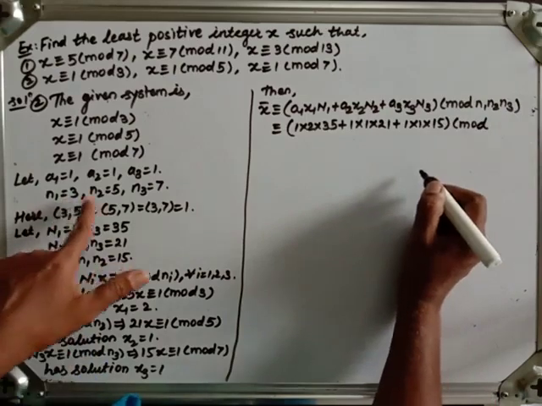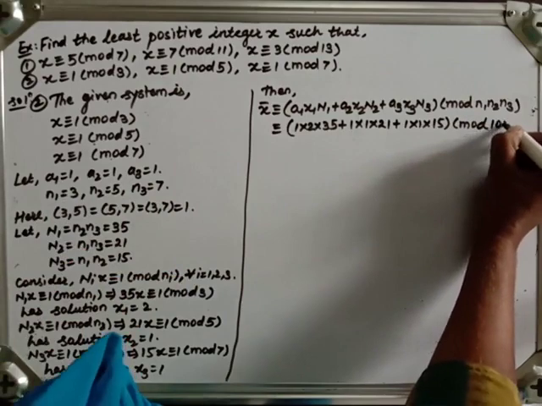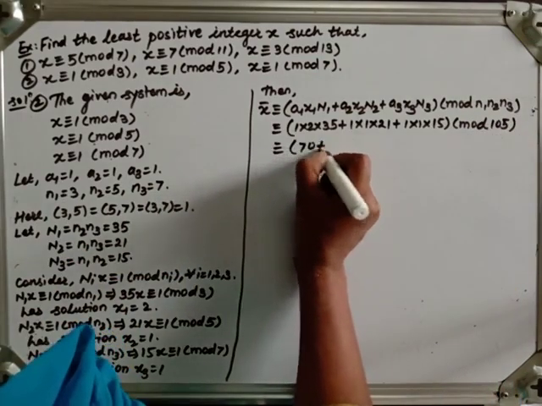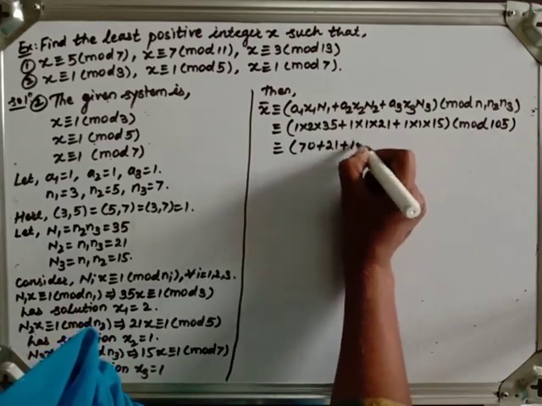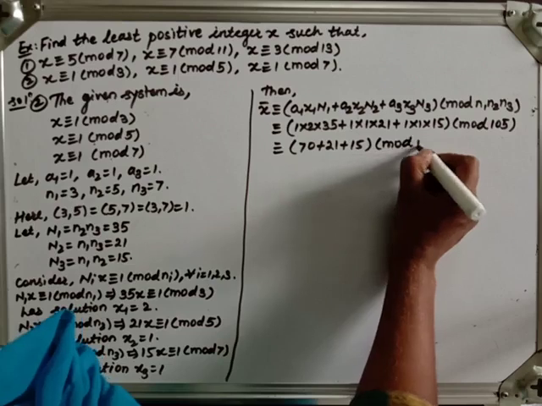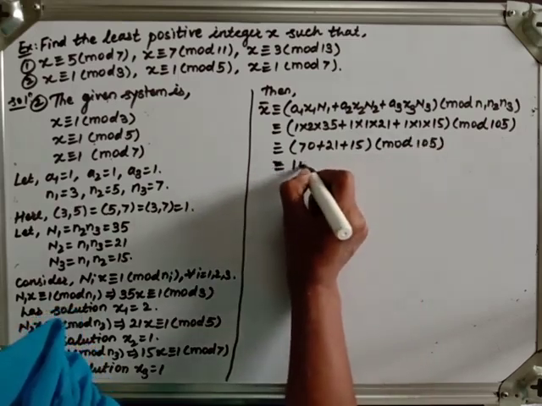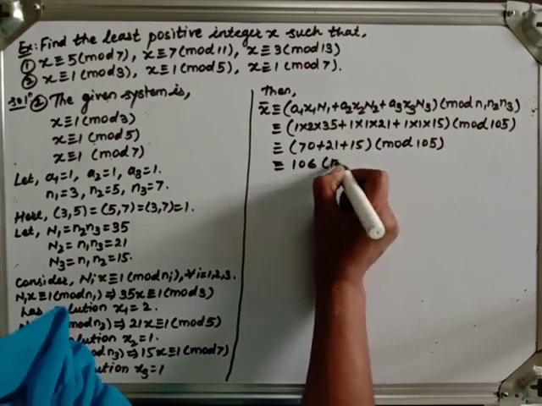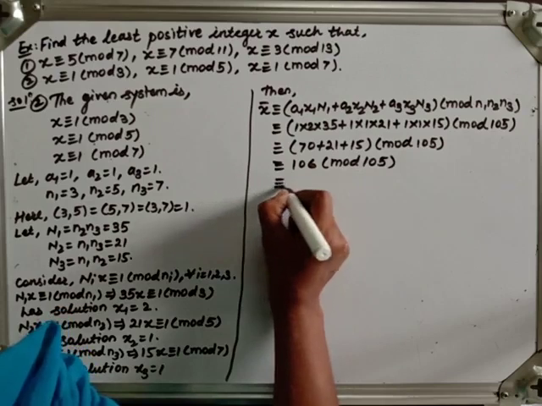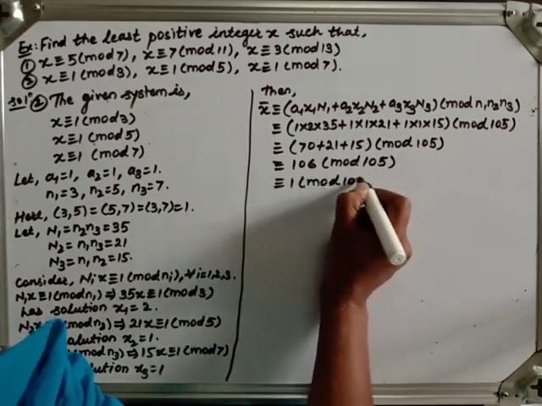So 15 sevens, it is 105. Okay, so this is 70 plus 21 plus 15 modulo 105. So this is 106 modulo 105. So we get the remainder is how much? 1 here modulo 105.